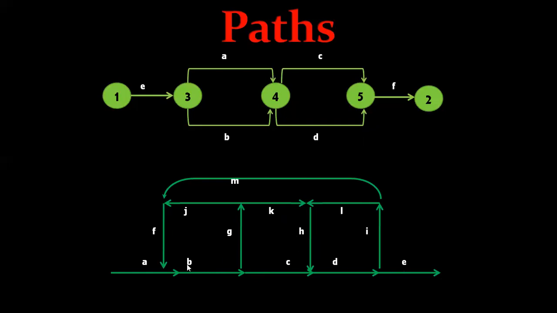Or else A, B, G, J, F, B, C, D, E is another path. Then A, B, G, K, H, D, I, M, F, B, C, D, E. So we do have different paths.